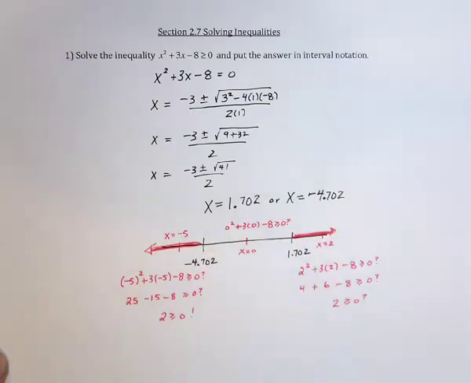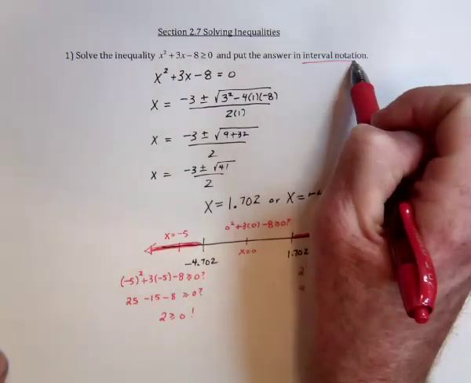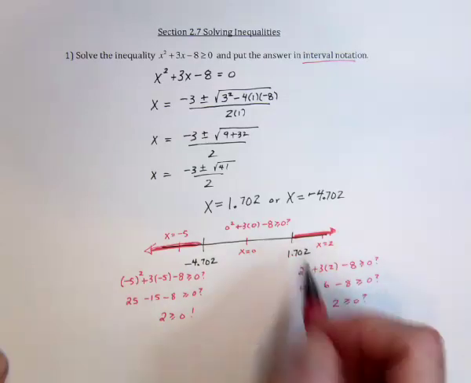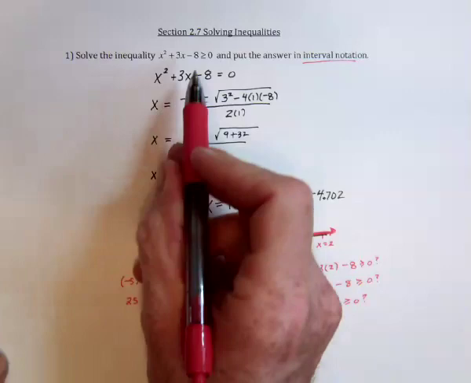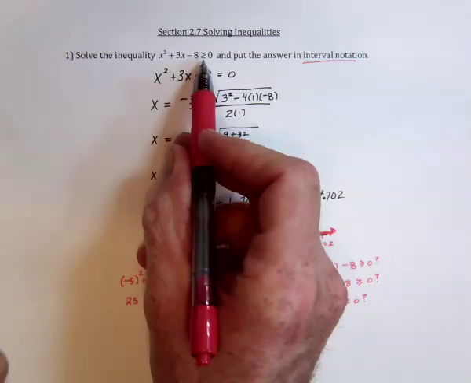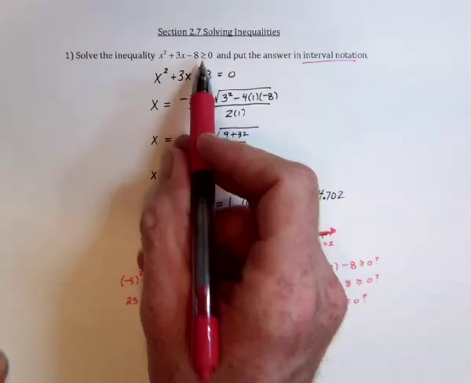Now there's only one last detail, and that is we should write our answer in interval notation. For this interval over here, I use a square bracket because this has a bigger than or equal. If it only had the bigger than, I would use a round parenthesis.